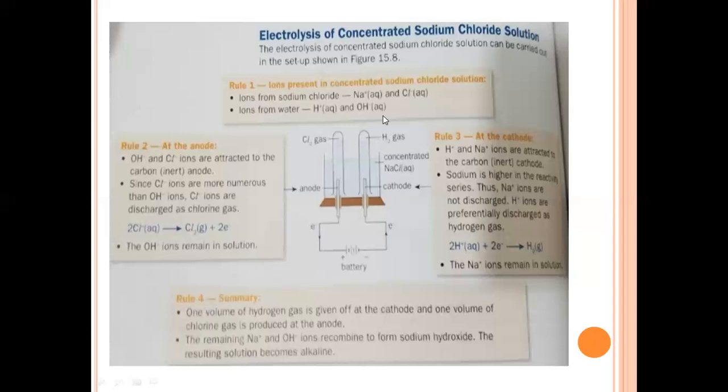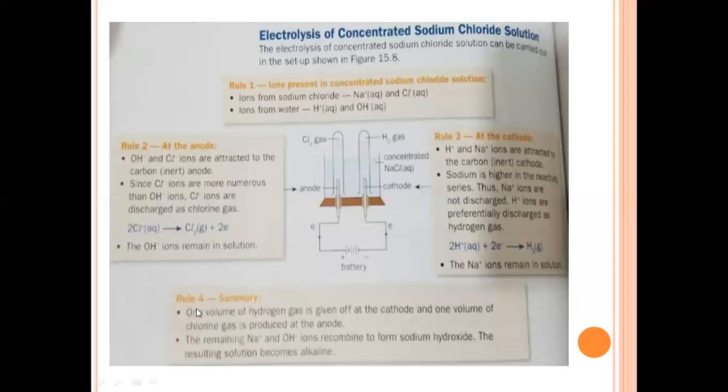So it goes to the cathode and gains the electrons. After gaining electrons, it becomes hydrogen gas and evolves out from the solution. At the anode, chlorine gas evolves out from the solution. So what else remains in our solution actually? At the cathode side, sodium ions remain in the solution. At the anode side, OH negative ions remain in the solution.